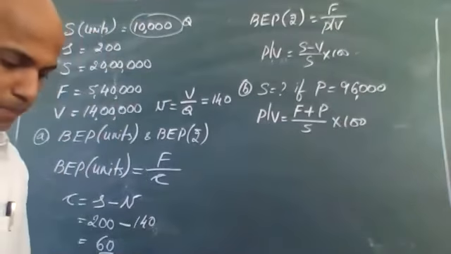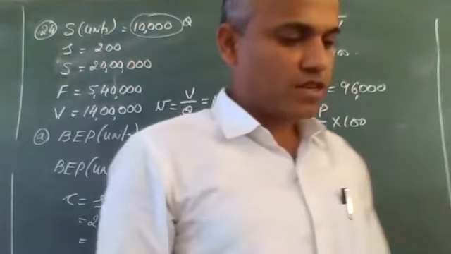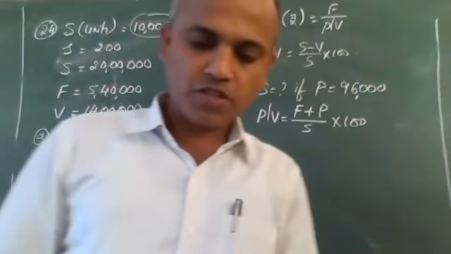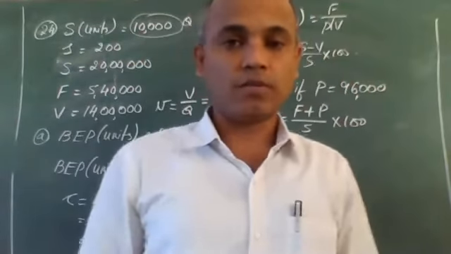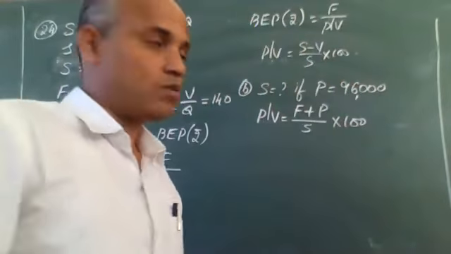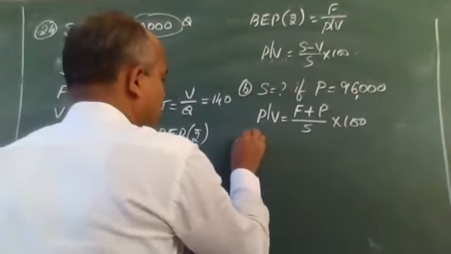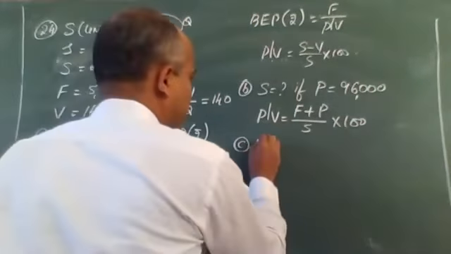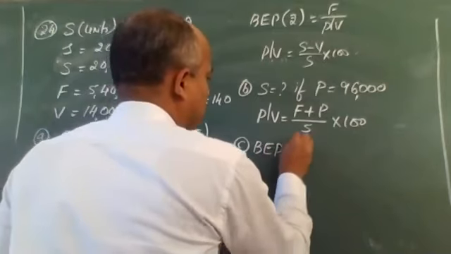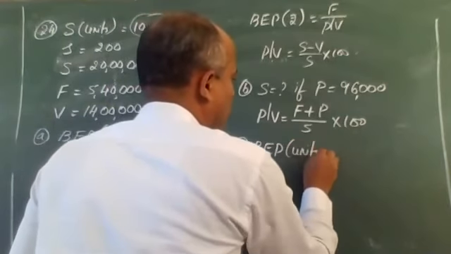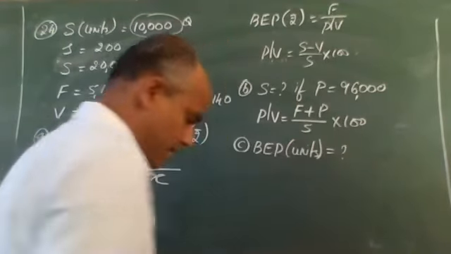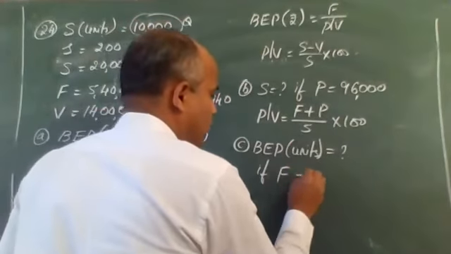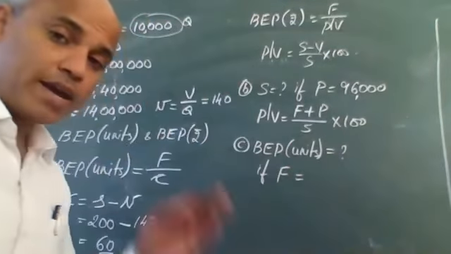That's the second part. The third part says, what will be the break-even point in units if fixed costs are increased by 18,000? So the third bit, they are saying, what will be the break-even point units if fixed cost is increased by 18,000?